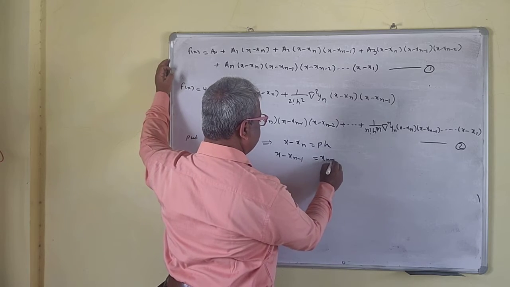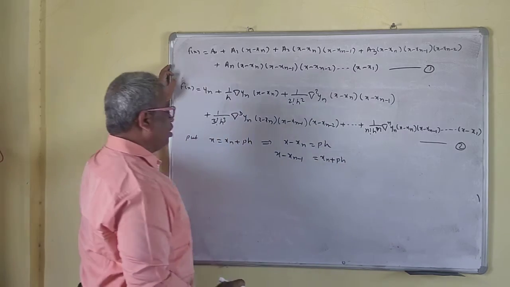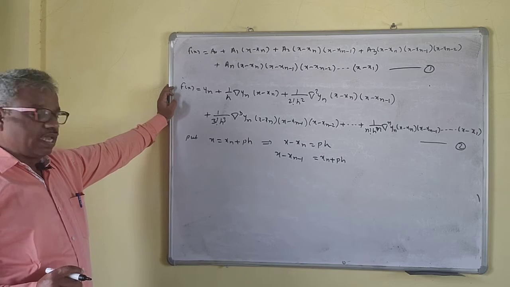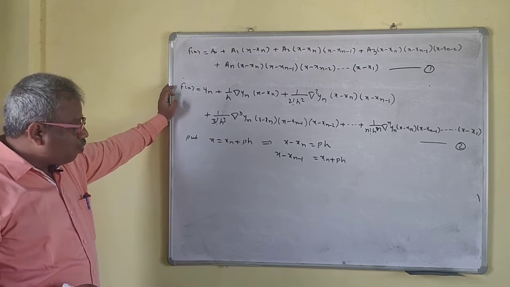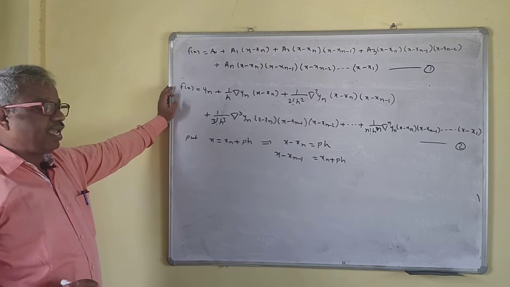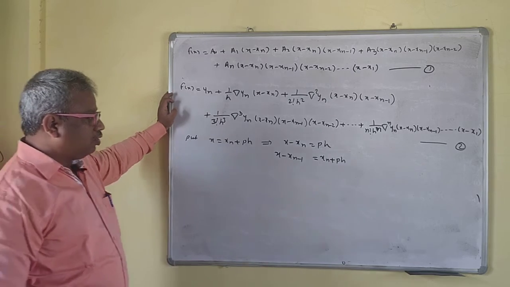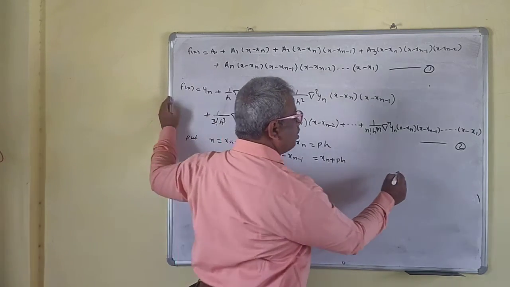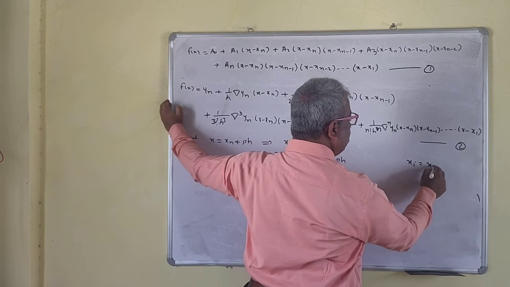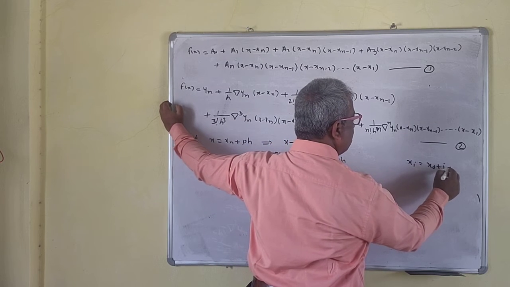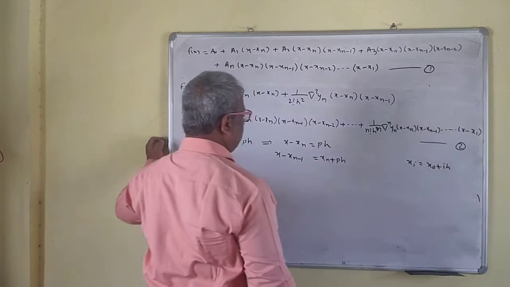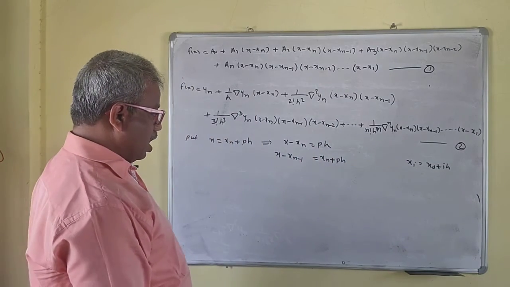Your x is xn plus ph. Now, what is your xn minus 1? So what is your xi? Xi is equal to x naught plus ih.